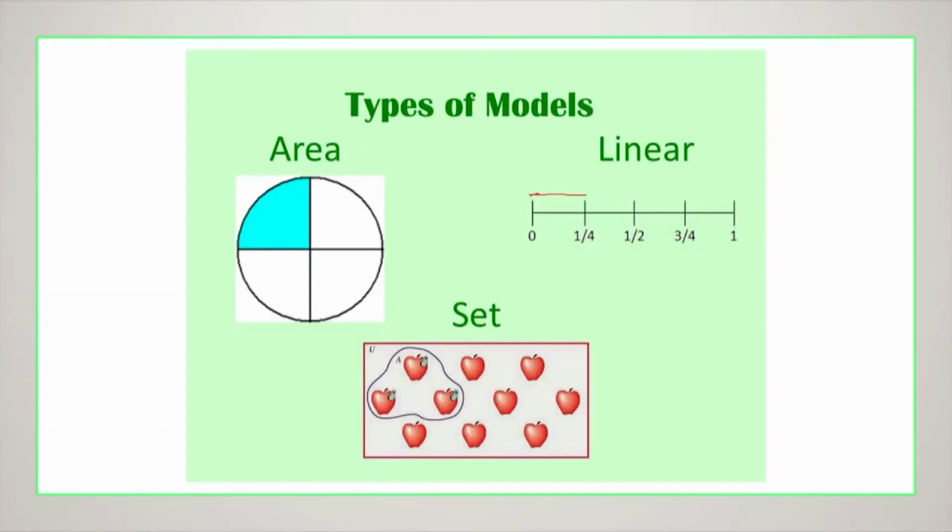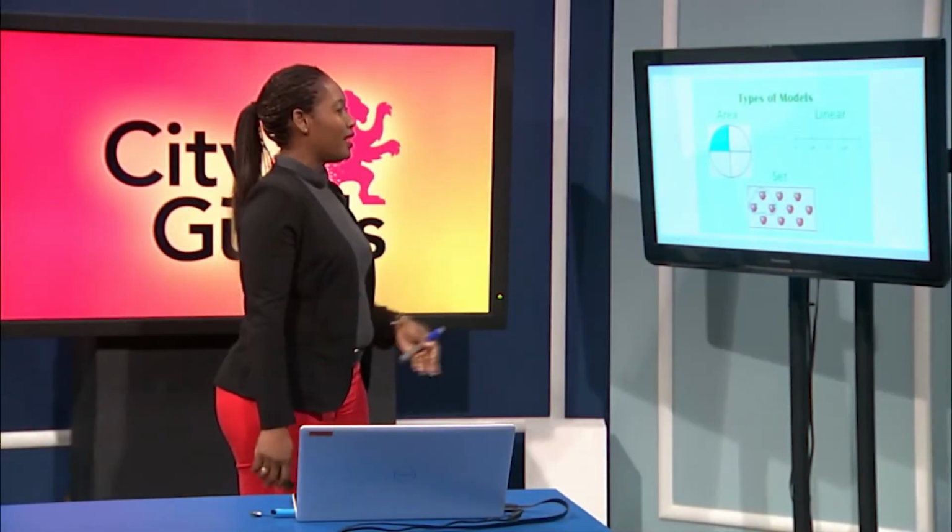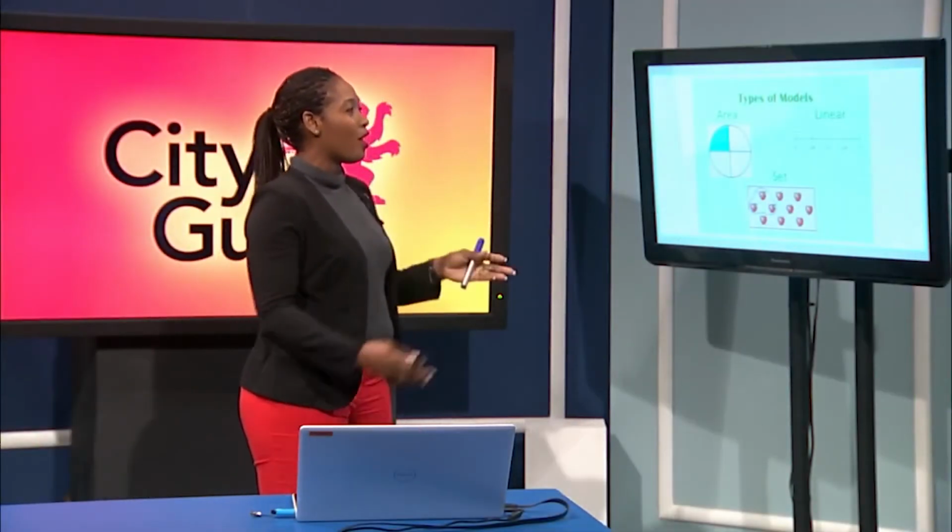So let us review the types of models that can be used to represent a fractional portion. You can use the area model, like what we just spoke about. You can use your linear model, which is, as you can see, a line, what you call it again? A number line. There you go, on a number line. As you can see, it's between 0 and 1 there.